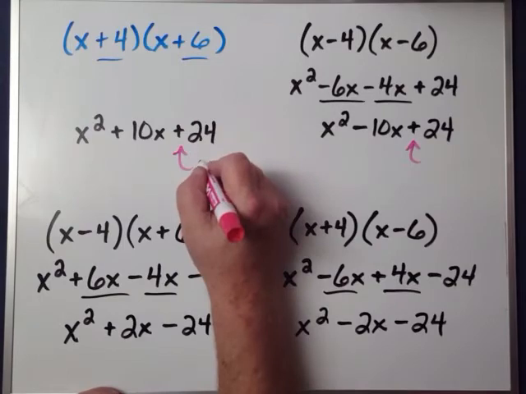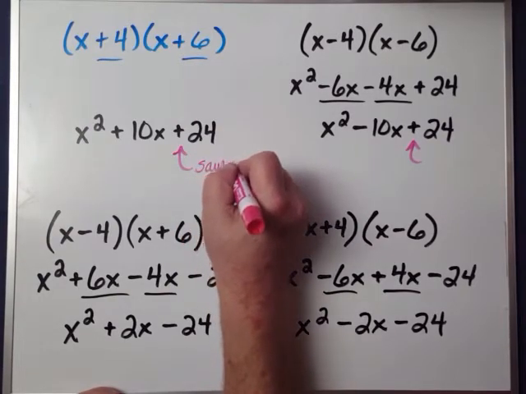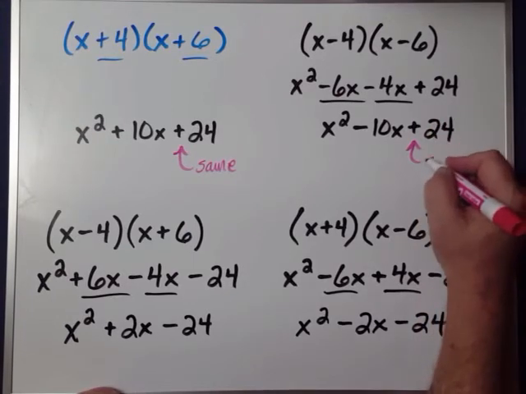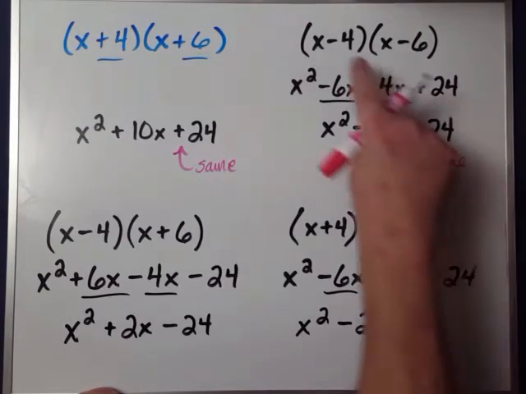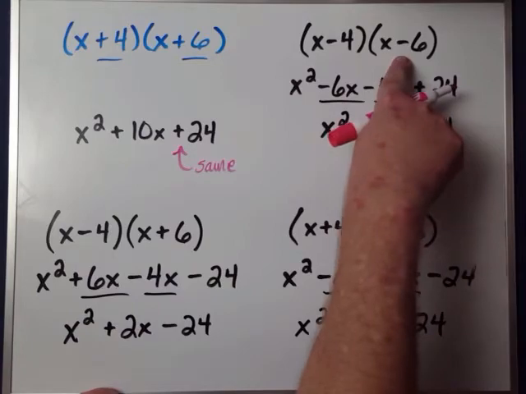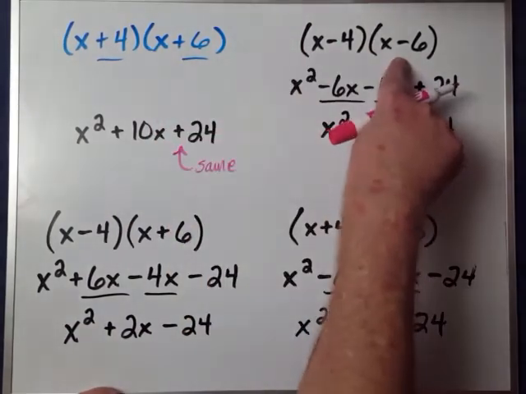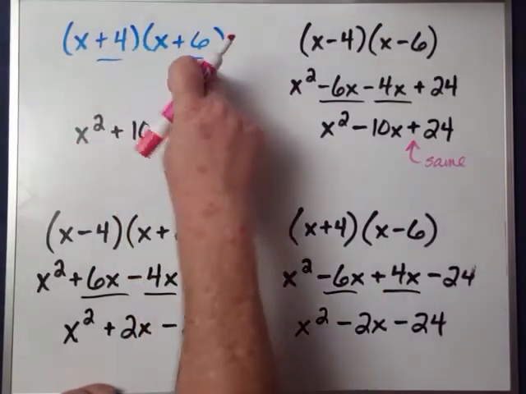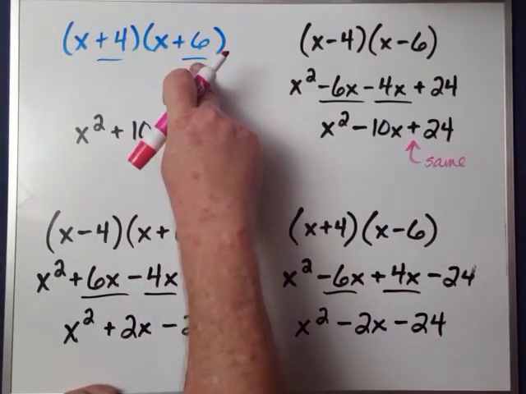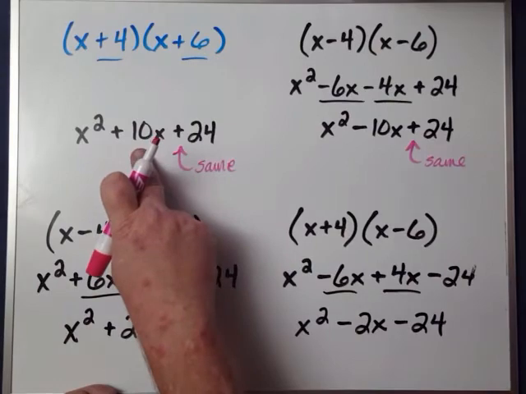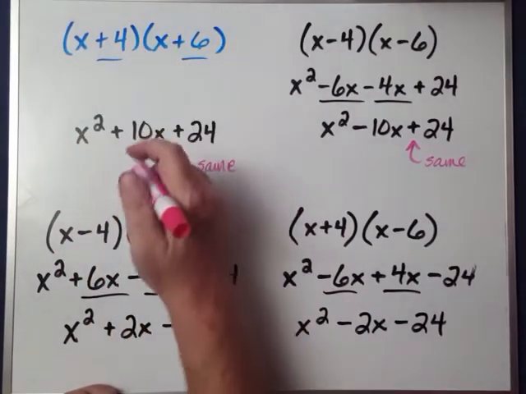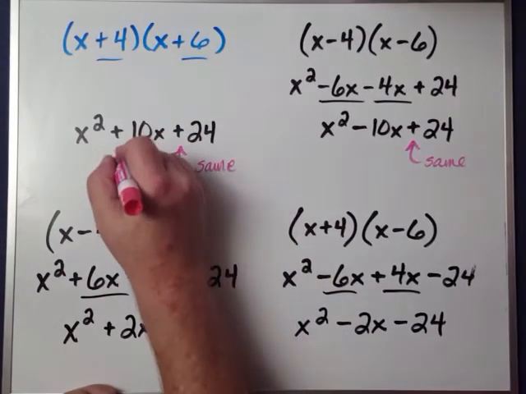So if this is positive, that means the signs in my answer in my factored form will be the same, both positive or both negative. In fact, if these two numbers are of the same sign, and I know that their sum is positive, what's that tell you? My two numbers both had to be positive.